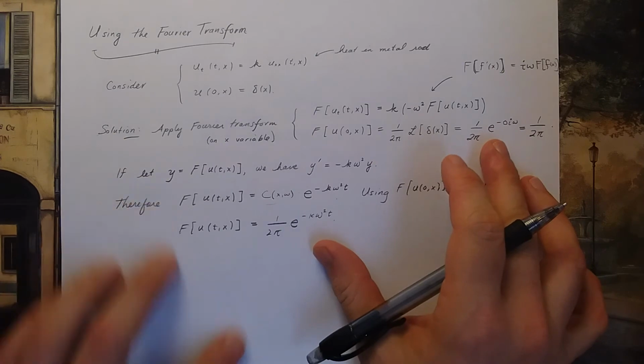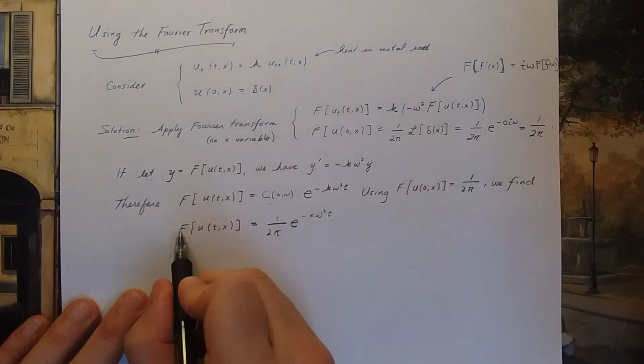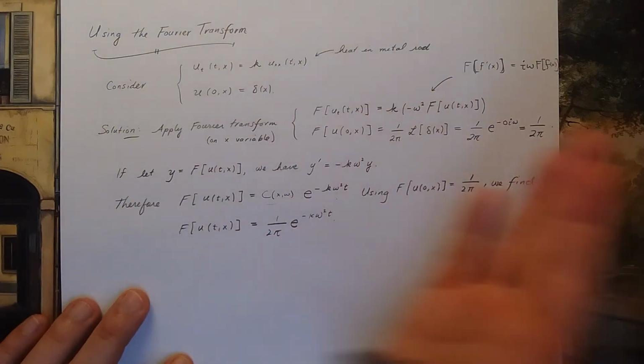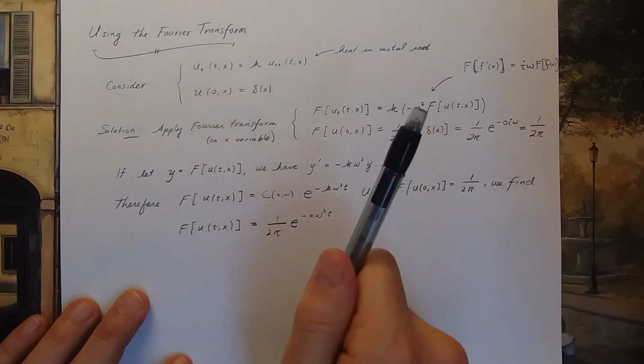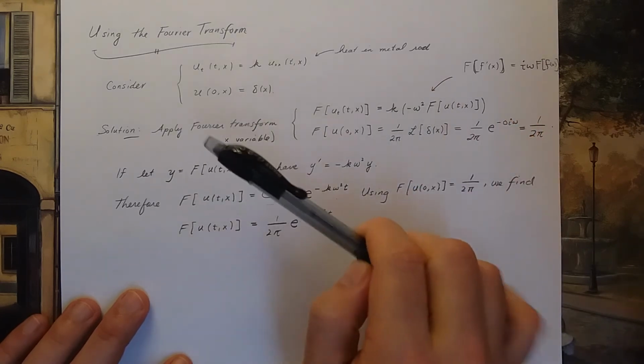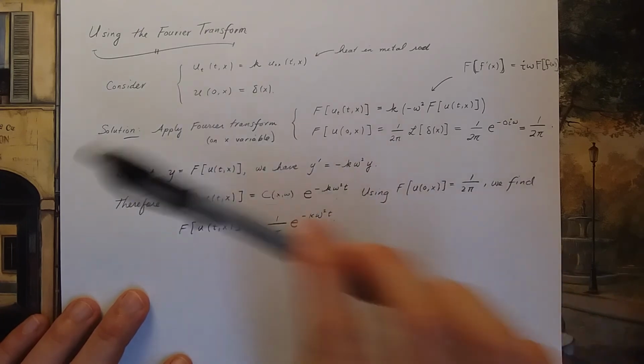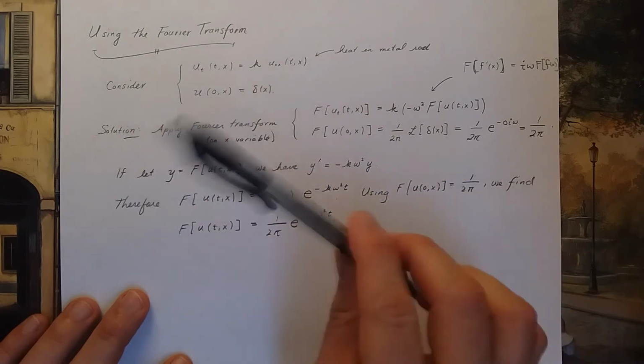All right. Now I'd like to undo the Fourier transform. And the key to undoing the Fourier transform lies in the Fourier relations. That's what kind of undoes the Fourier transform for us.